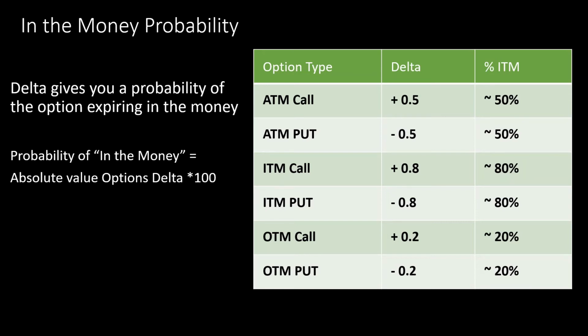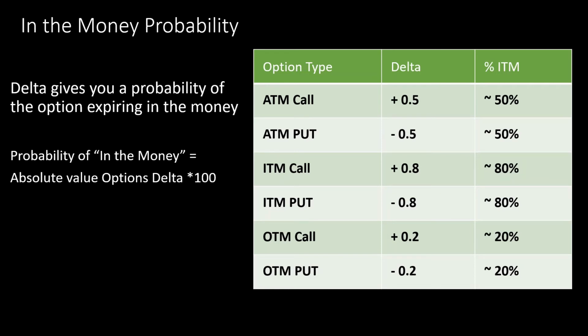If you take an instance of an in the money call option with a delta of 0.8, since it's already in the money, the probability of it expiring in the money is higher. So in this case the probability is 80%. So the deeper in the money the call option or the put option, the higher is the probability of that option expiring in the money.